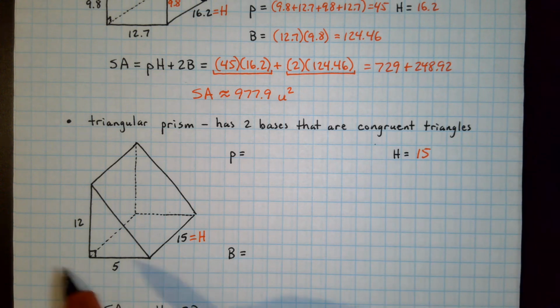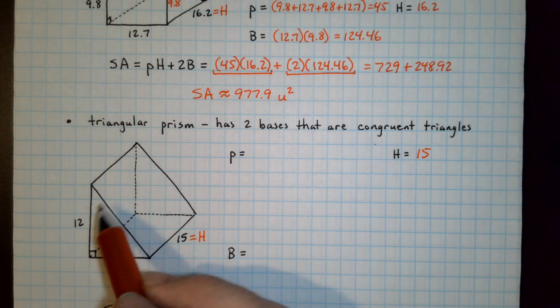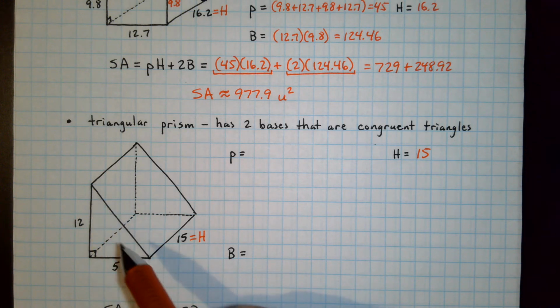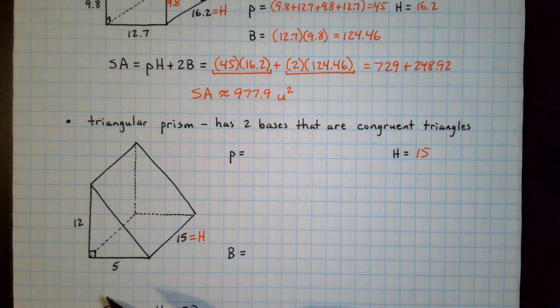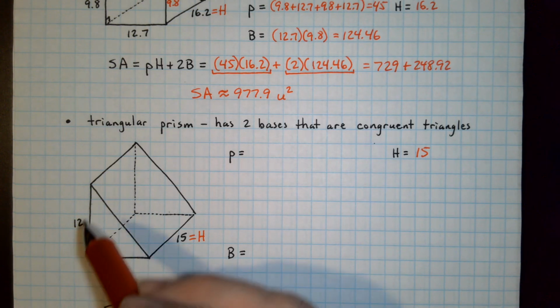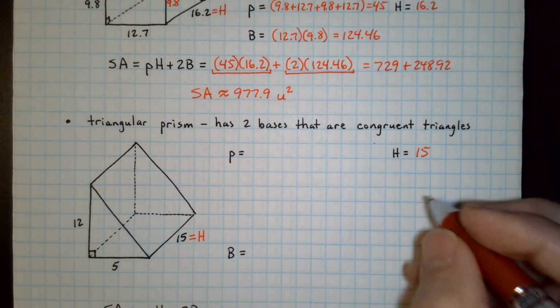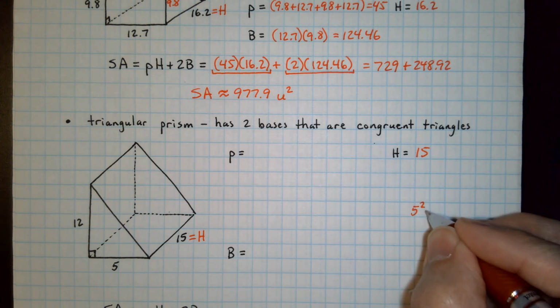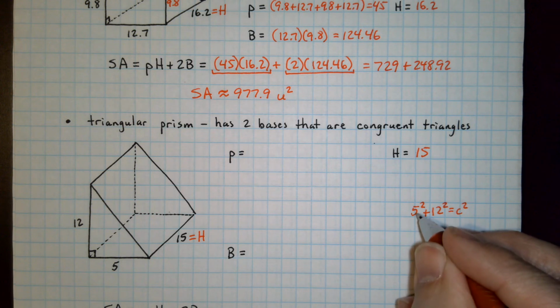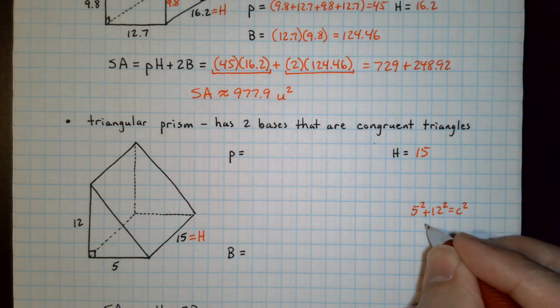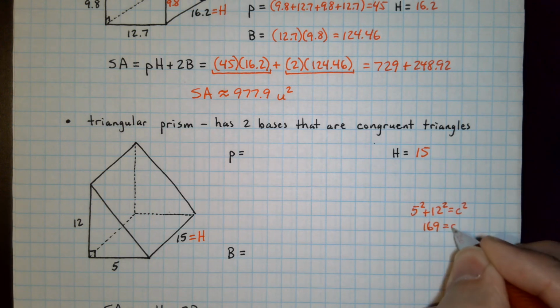The perimeter, we have a 5, we have a 12, but we don't know this side. But in this situation, we have a right triangle, so we can use the Pythagorean theorem to find the length of this missing side. If we do that, we'd have 5 squared plus 12 squared equals c squared. This is 25, and 144 is 169.